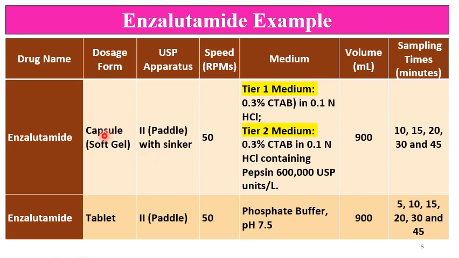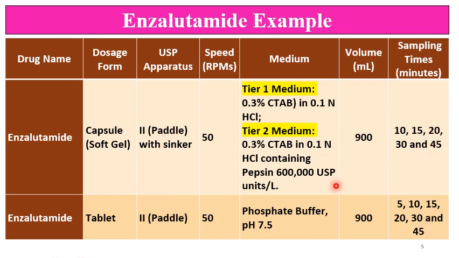Because of this soft gelatin formulation, pepsin is used as an enzyme to avoid the effect of cross-linking on the dissolution or drug release. In tablet formulation, the media is phosphate buffer pH 7.5. Media volume is the same and the time points are also the same.